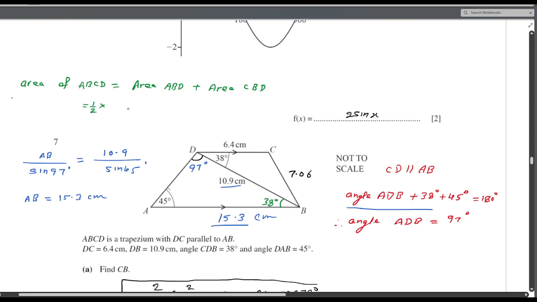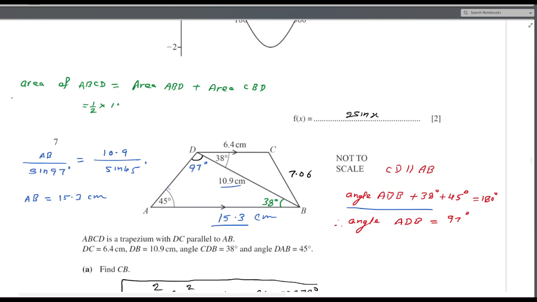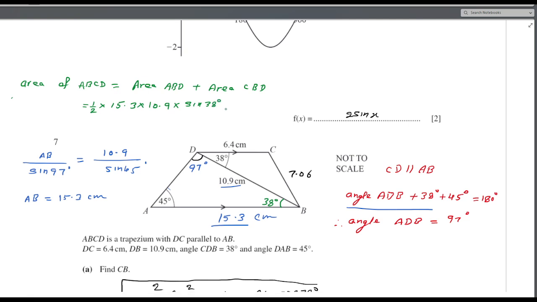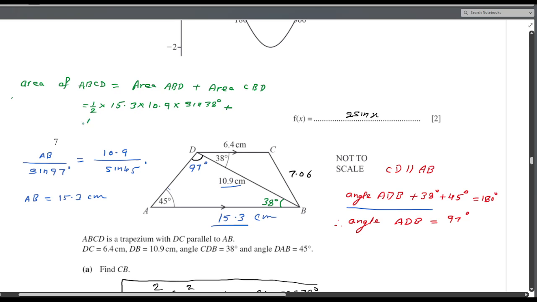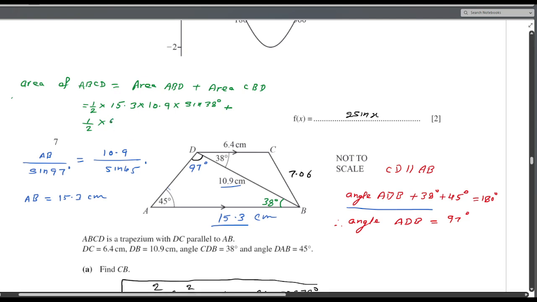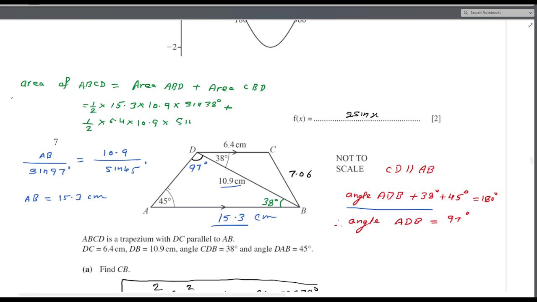So here half into 15.3 into 10.9 into sine 38 plus half of 6.4 into 10.9 into sine of 38 degrees, using the two sides 6.4 and 10.9.